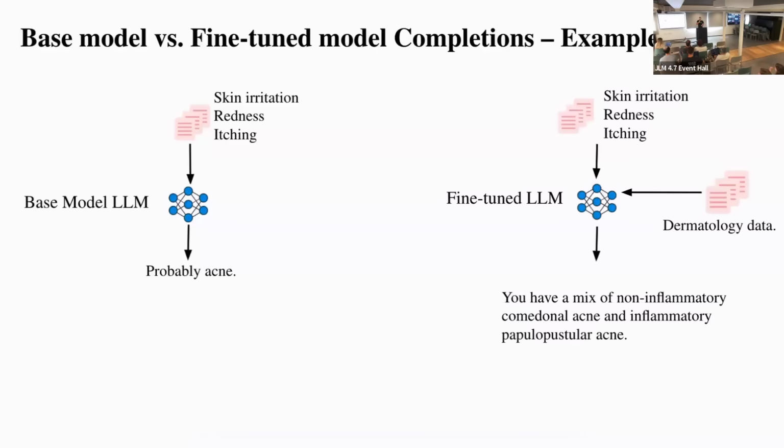But now, on the other hand, we fine-tune the LLM on some dermatology data, and given the same symptoms, we will get, as you can see here, after training, a much more in-depth and specific answer, such as a mix of non-inflammatory comedonal acne and inflammatory papulopustular acne. So in this example, you can see that we can change the knowledge of the model.